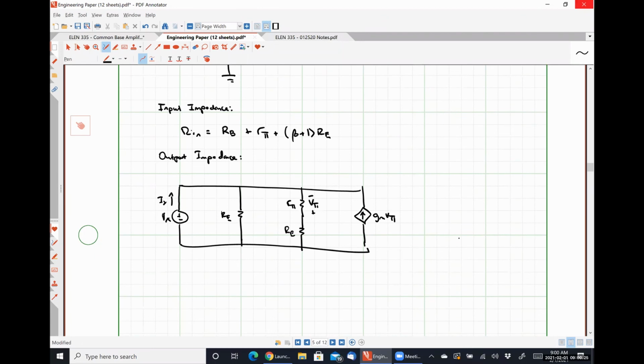So if I do Kirchhoff's current law at the top node, I can see that Ix is Vx over RE plus Vx divided by R pi plus RB minus gm V pi, where V pi is negative Vx R pi over R pi plus RB using voltage division. Anybody got any problem with that?